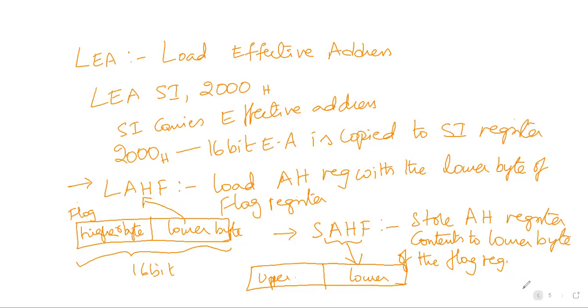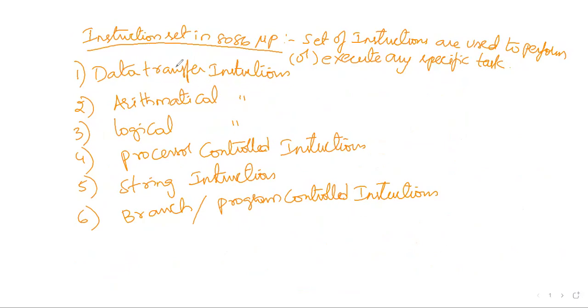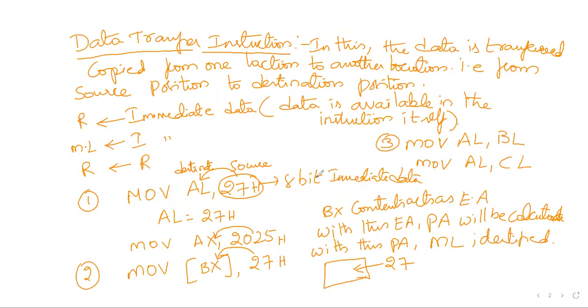So likewise, these are the different instructions. What is the classification of the instruction set? Data transfer instructions, arithmetic instructions, logical instructions, processor control instructions, string instructions, and branch program control instructions. In this, first we have discussed data transfer instructions.